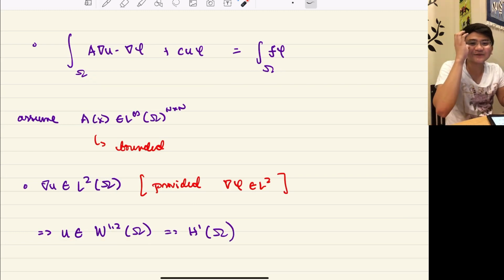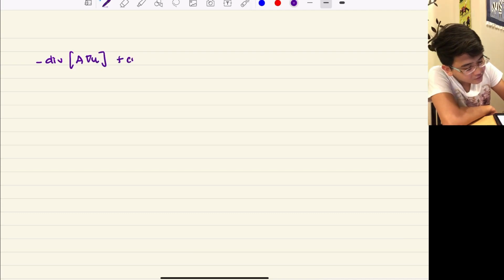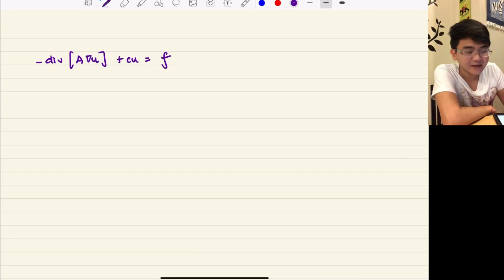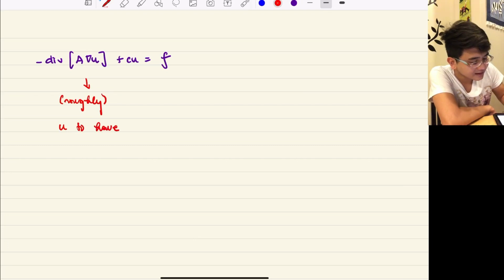Okay, so let's see. We started off with this equation, negative divergence of a grad u plus c u is equal to f. And here, roughly speaking, you want u to have classical second order derivatives.